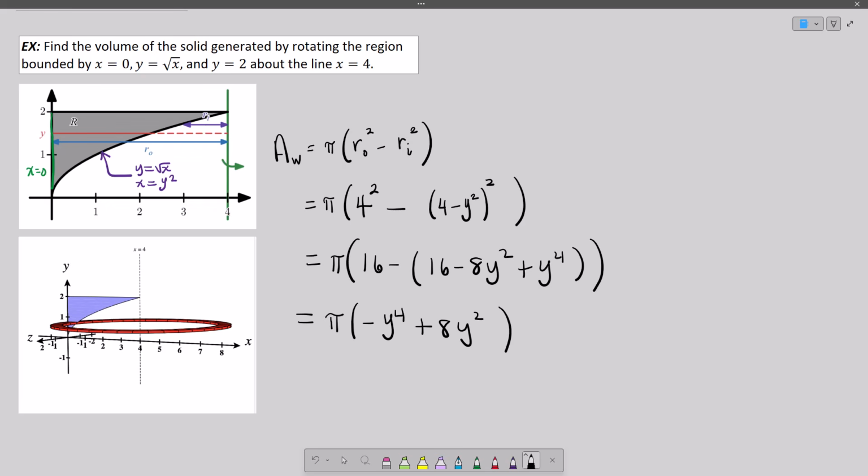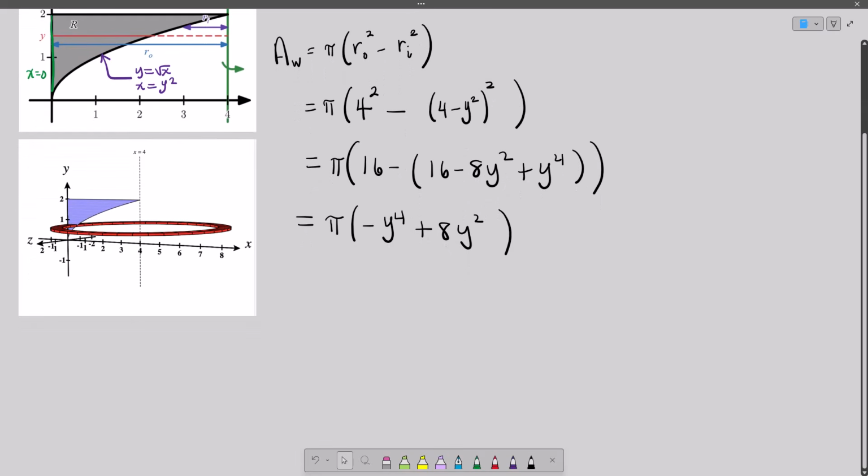It's now a disk instead of a washer, so the area should be pi 4 squared, so that's 16 pi. When we plug in 2, do we get 16 pi? Well, we plug in a 2 here, we're going to get 32 minus 16, so yeah, we will get 16 pi. So it's correctly finding the area of the washers at the two extremities.